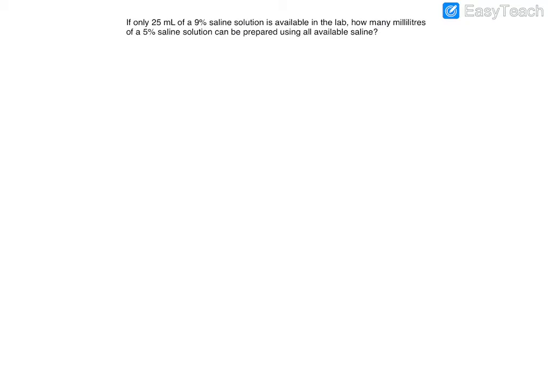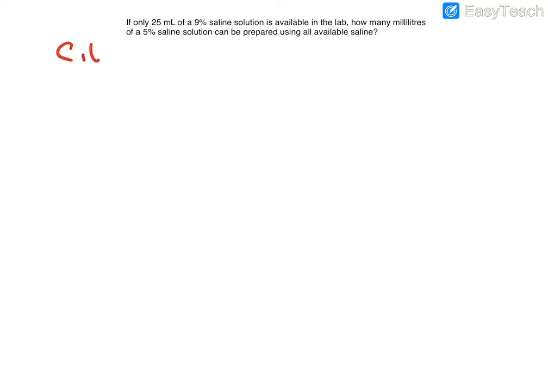If we're doing a completely different question, I just want to show you how the formula can be rearranged to figure out any value. In the first one, we were trying to find V1. In this question: if only 25 milliliters of a 9% saline solution is available in the lab, how many milliliters of a 5% saline solution can be prepared using all available saline?